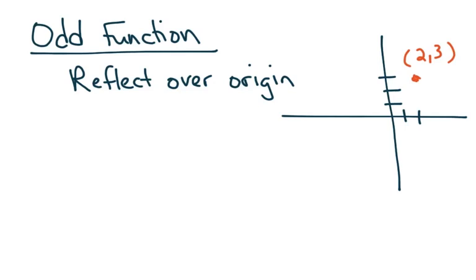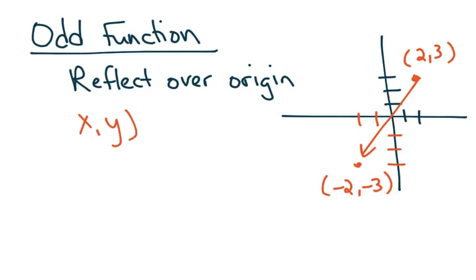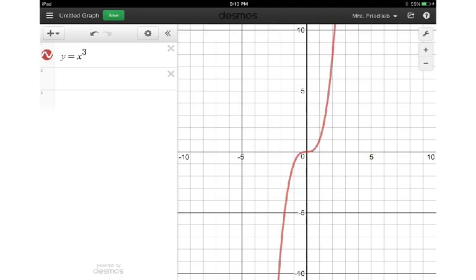So 2, 3 reflected over the origin is going to be at -2, -3. So x, y is going to become -x, -y. Let me show you the most famous odd function. Y equals x cubed is the most famous odd function.